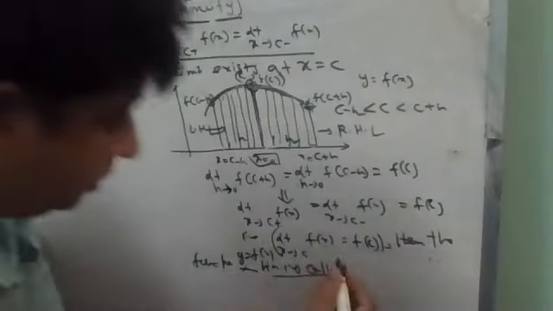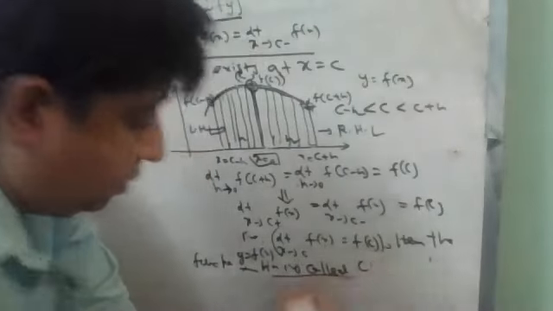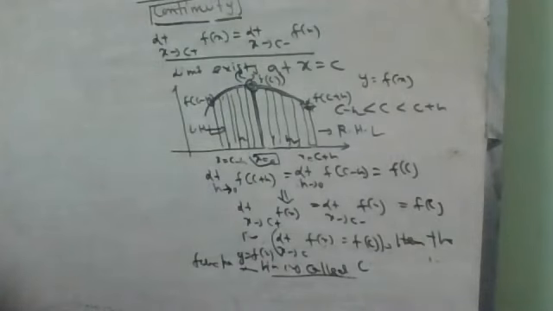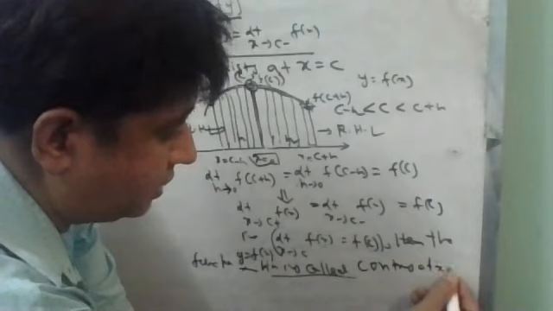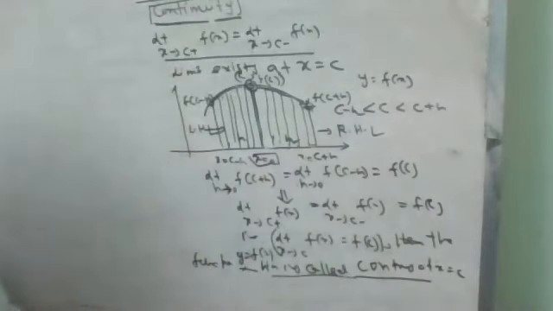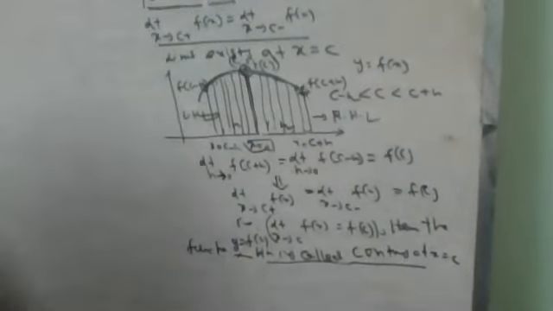There is one mistake. The function y is equal to f(x) is called continuous at x is equal to c, and the property is called continuity.